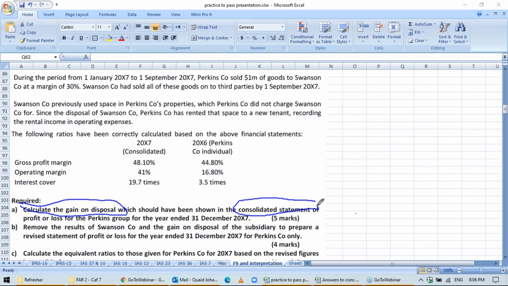Now there are two types of gains, right? One is the gain in the individual financial statements, and one is the gain in the consolidated financial statements of the parent company. So they are asking about the consolidated financial statements. What will be the gain in the consolidated financial statements? The entry which I have made is for the consolidated financial statements, right? So now let's calculate the gain for these consolidated financial statements.